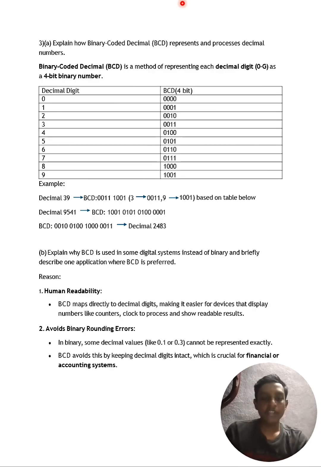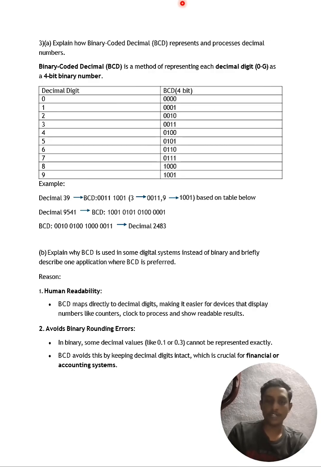So the second one, avoid binary rounding error. In binary, some decimal values like 0.1, 0.2 or 0.3 cannot be represented exactly. So BCD avoids this by keeping decimal digits intact, which is crucial for financial or accounting systems. In pure binary representation, like floating point, certain decimal numbers cannot be stored exactly.